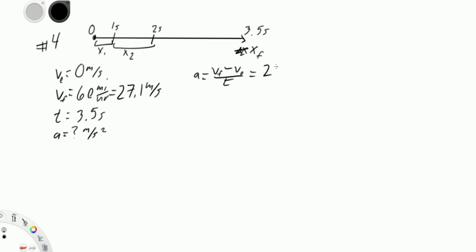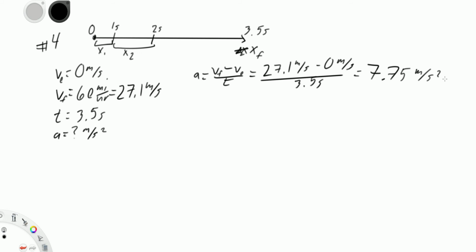So 27.1 meters per second minus 0 meters per second, all divided by 3.5 seconds. That gives us an acceleration of 7.75 meters per second squared.